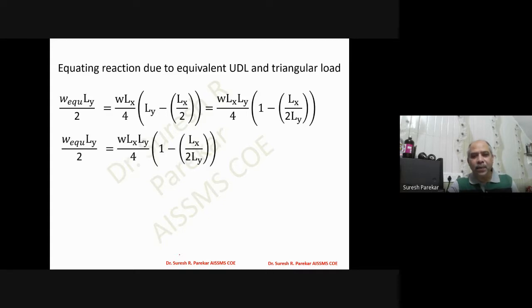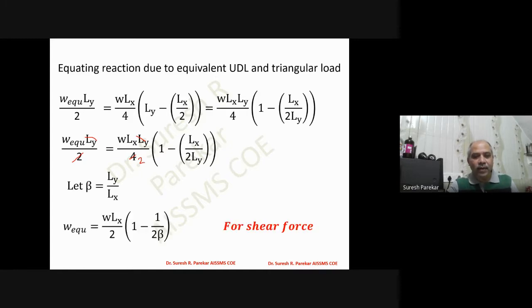Again we put Ly by Lx as beta in the next equation. So Ly gets cancelled with this Ly. 2 times 2 is 4, and then we get W equivalent equal to WLx by 2 in bracket 1 minus 1 upon 2 beta.